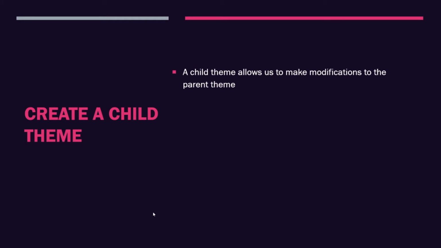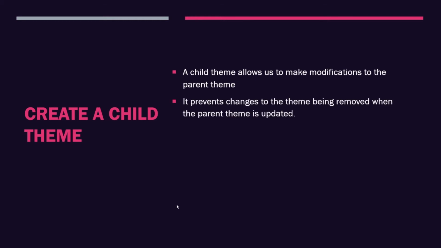A child theme allows us to make modifications to the parent theme. It prevents changes being removed. So what does that mean? In the example in the Functions.php, when we added the Google Analytics script, as we all know, or at least if we've used WordPress for any amount of time, they like to update fairly frequently.